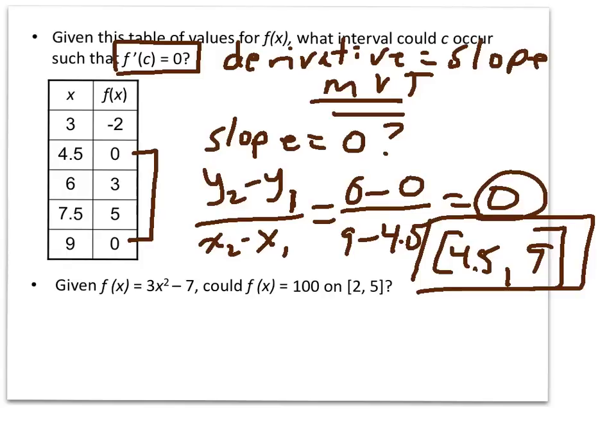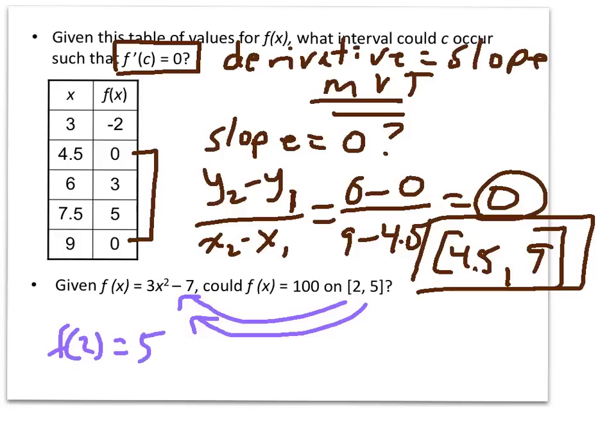Last problem here is an intermediate value theorem problem. It's asking if this equation could actually equal 100. The trick is to plug in 2 into this equation, plug in 5 into that equation, and see if 100 comes in between those two values. Well, 3 times 2 squared, so f of 2, would be 12 minus 7, which is 5.